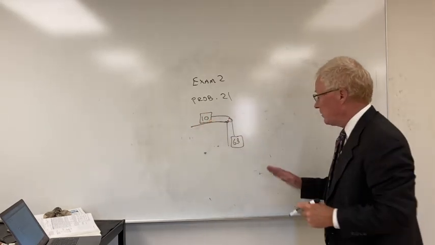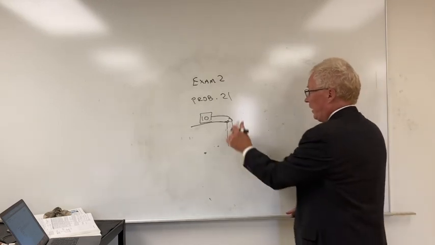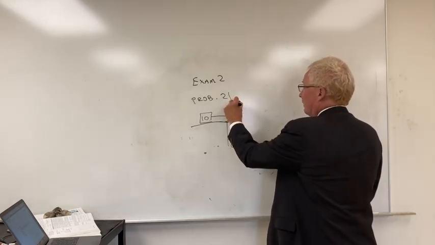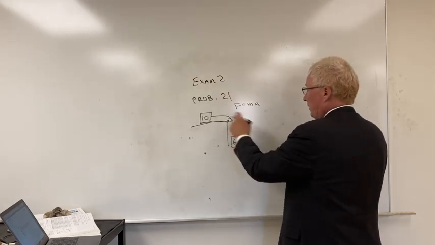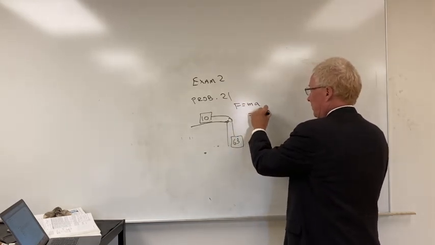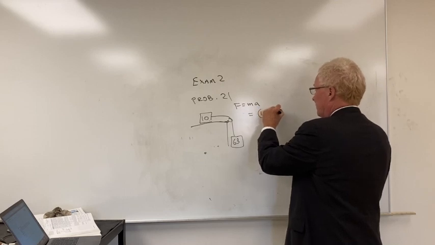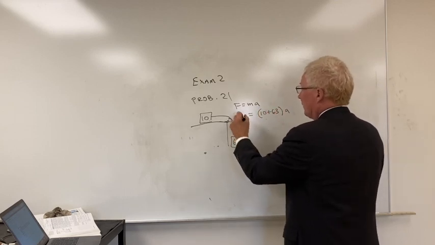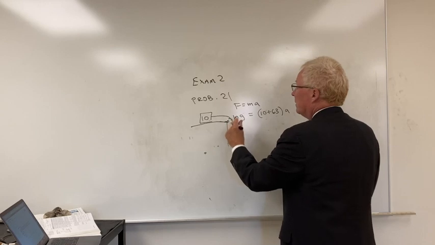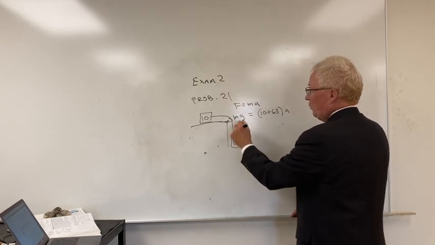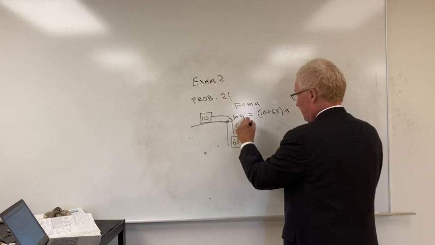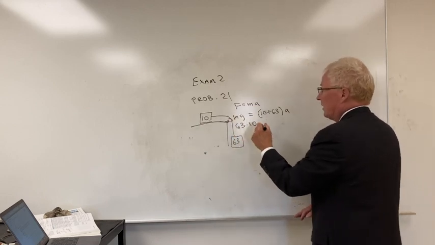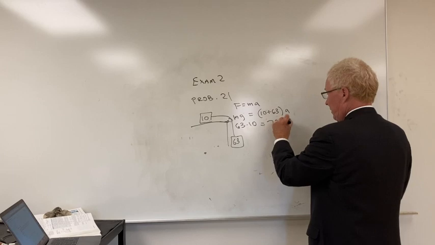In this problem, we have, again, F equals mass times acceleration. Both of them are being accelerated, so that's going to be 10 plus 63 times a. This would be mg, but the only thing accelerating downwards is just the 63. So it's going to be 63 times 10. I'm just going to use that. It equals 73 times a.